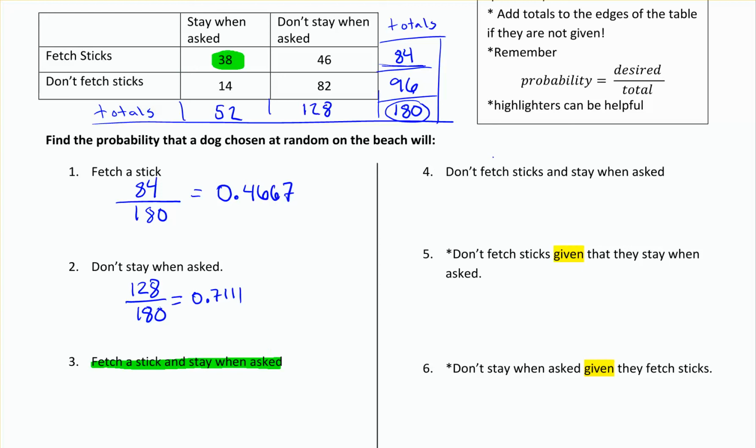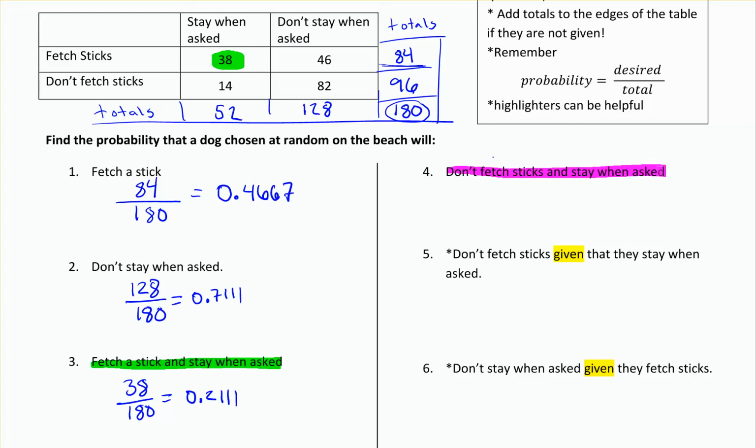So there's only 38 dogs that will fetch the stick and stay. So we're going to have just the 38 out of the 180. And 38 divided by 180 gives us a decimal, 0.2111.